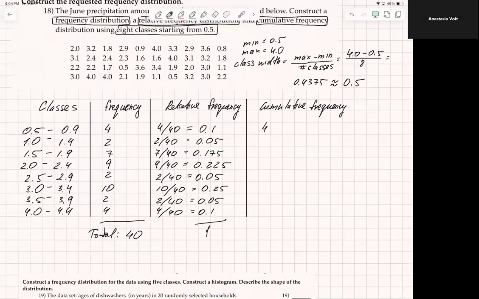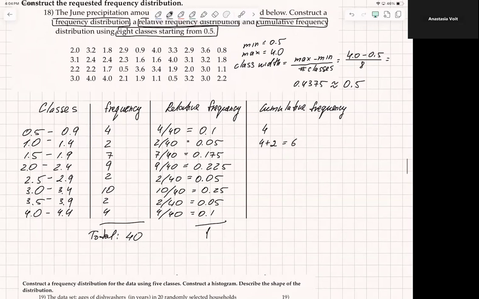So for cumulative frequency, we're essentially asking what is the frequency of all of the data from the beginning up until this one, right? So we are counting the frequencies for both classes. So we have 4 plus 2, which is 6, right?